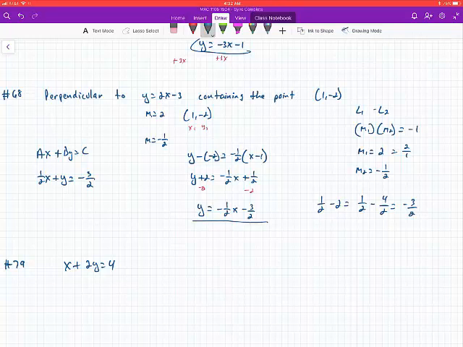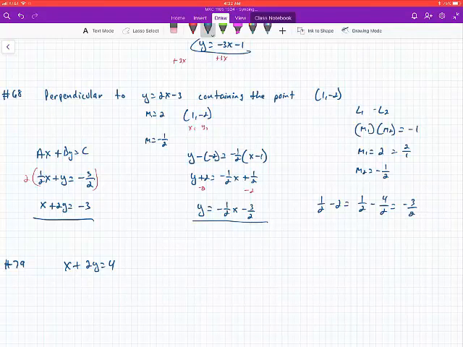But if you remember what I said before, in the standard form, a, b, and c all have to be integers. So I have to get rid of these fractions. And so I do that simply by multiplying both sides by 2, or everything by 2. So 2 times 1/2 is just 1, so that's my x, that's my 2y, and that's my -3. So these two underlying answers are your possible answers to number 68.